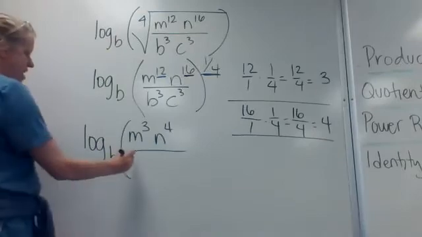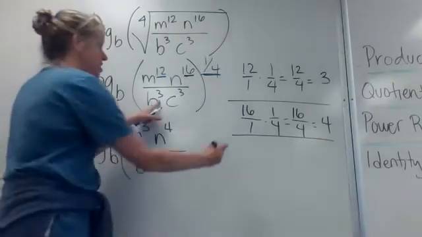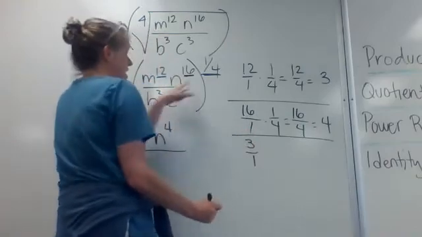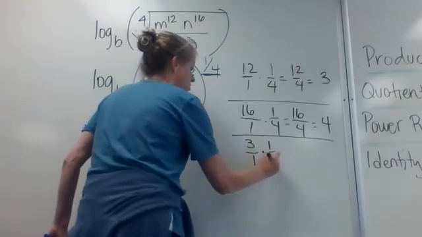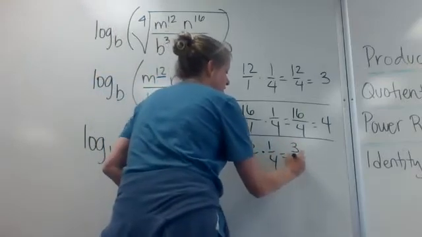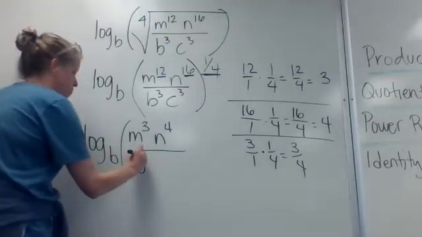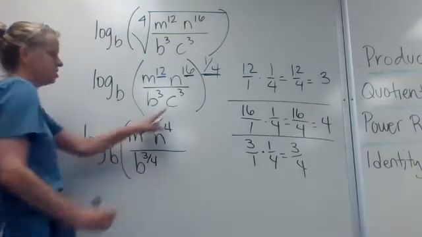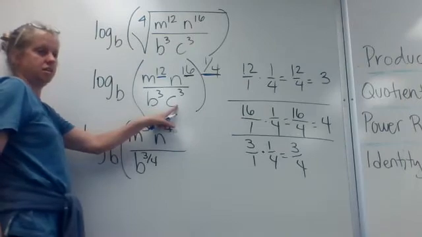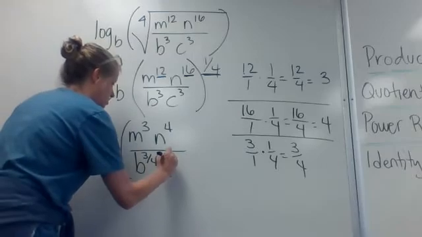The denominator, I'm going to have b. Its exponent, which is 3, times 1/4. Straight across on top and bottom gives me 3/4. This time it just doesn't reduce. So I'm going to have b to the 3/4. And c, same thing, 3/4.